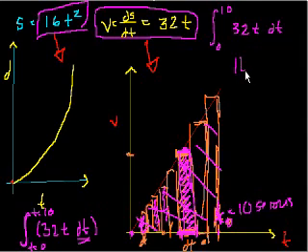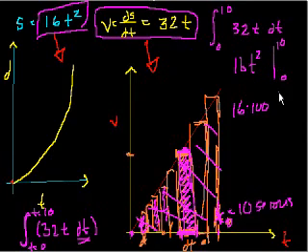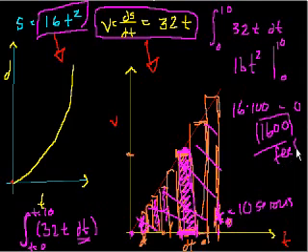We evaluate this at 10, and we evaluate it at 0, and then we subtract the difference. At 10, that's 16 times 100. Evaluated at 0, 16 times 0 is 0. So after 10 seconds, we would have gone 1,600 feet. And also, the area under this curve is 1,600.